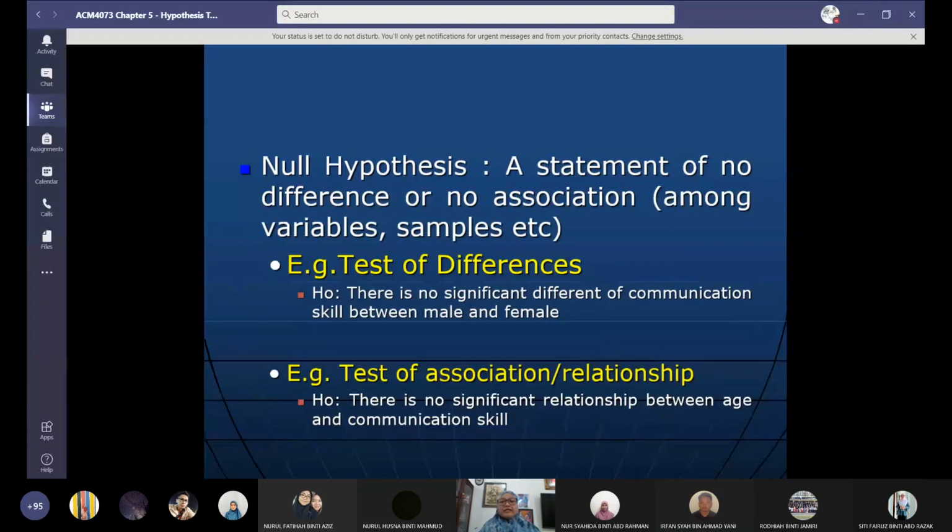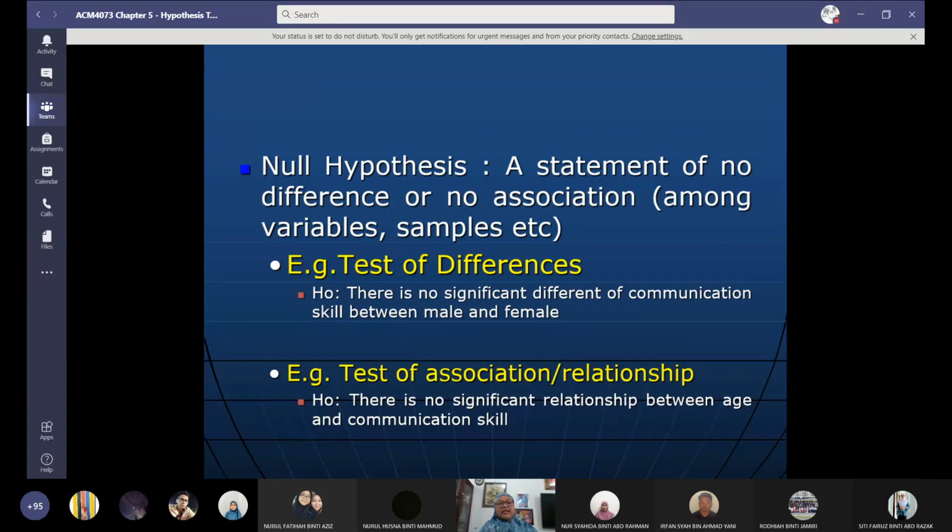Null hypothesis is a statement of no difference or no association, no relationship among the variables, samples, etc. Example, let's say we are looking at differences. Null hypothesis is there is no significant difference of communication skill between male and female.